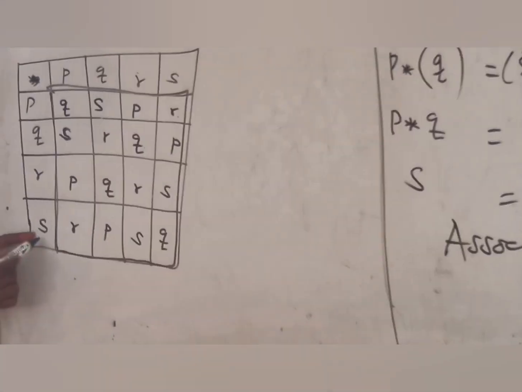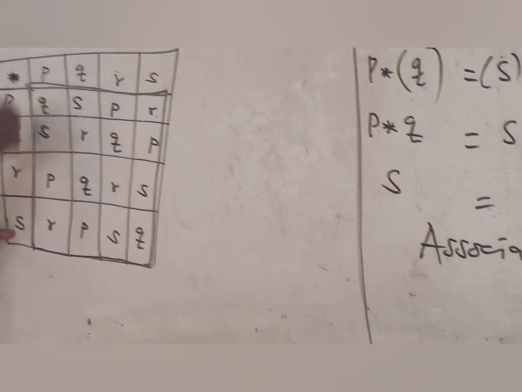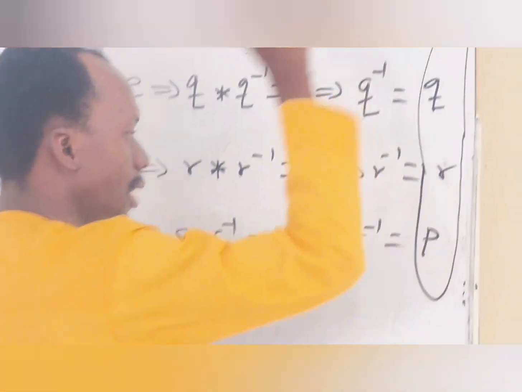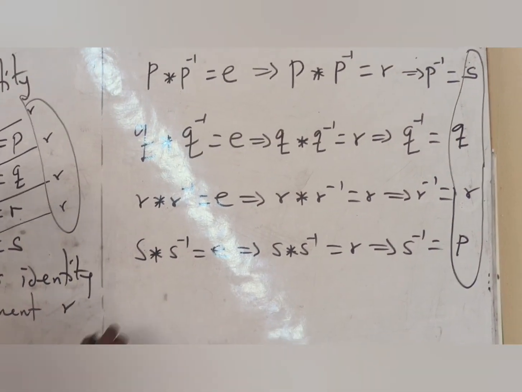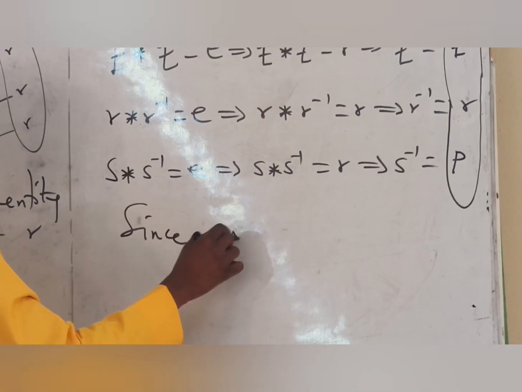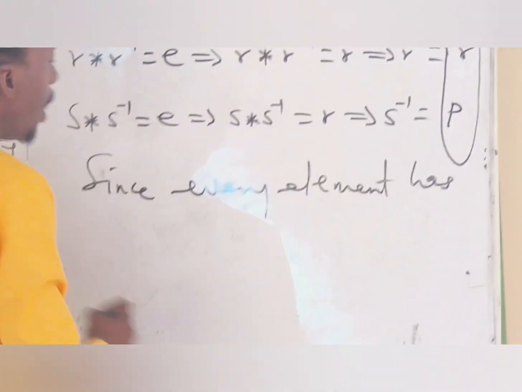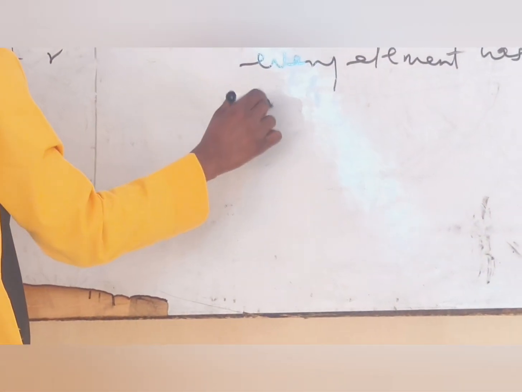S operation P gives you R. So the inverse of S is P. So every element has an inverse.